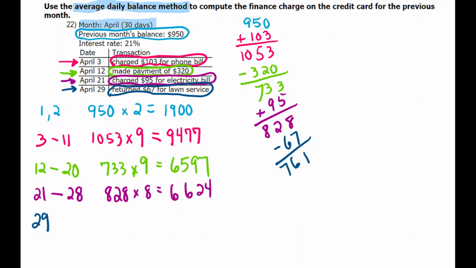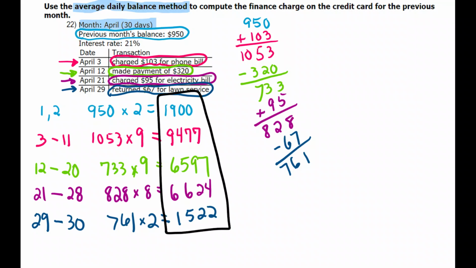And April only has, up here, April has 30 days. So it's the 29th through the 30th. That's just the last 2 days of the month. So you'll have a balance of $761 for 2 days, which gives me $15.22.